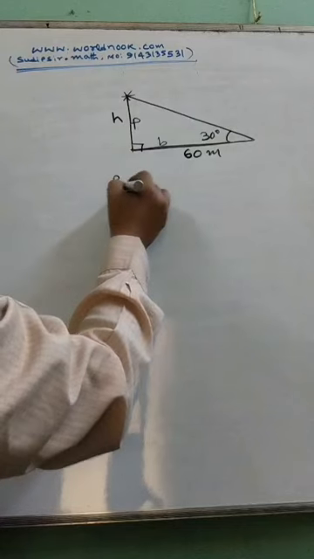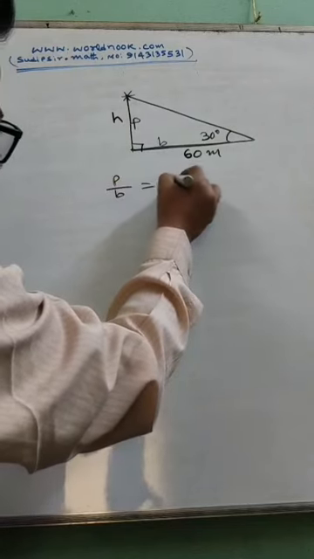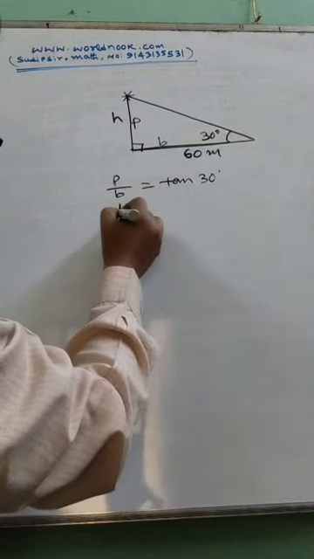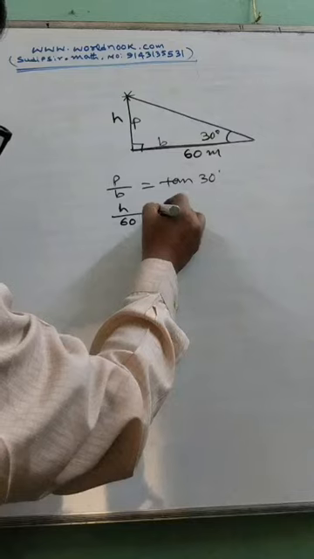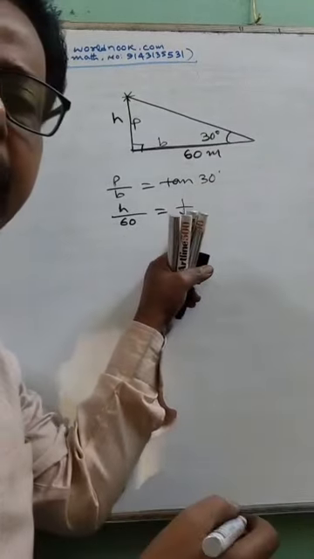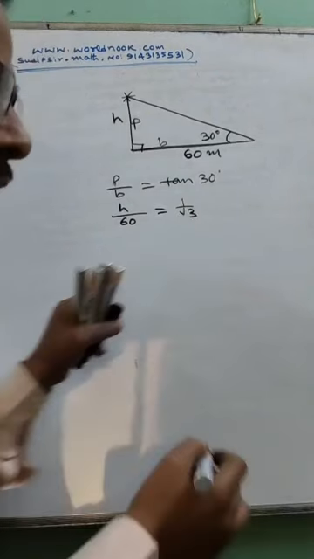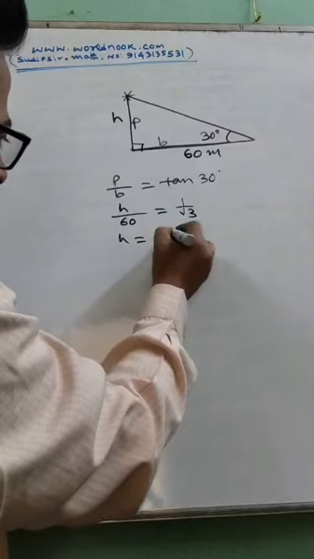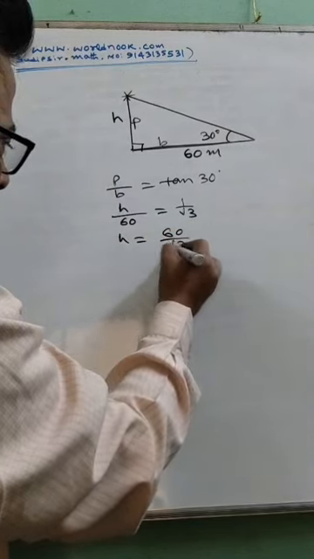So perpendicular by base equals tan 30 degrees. That is h by 60 equals 1 by root 3. This is the value from the standard angle table. Now h equals 60 by root 3.